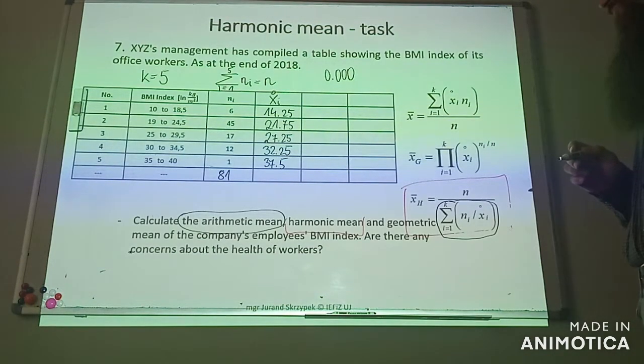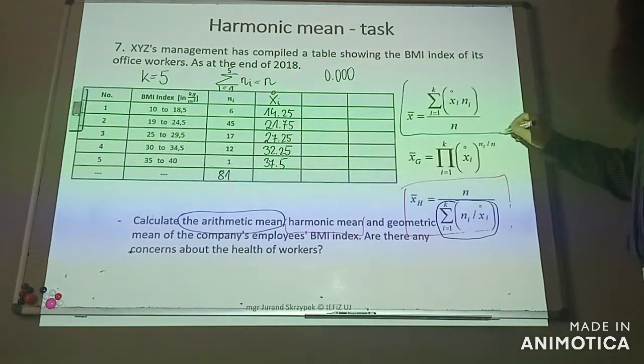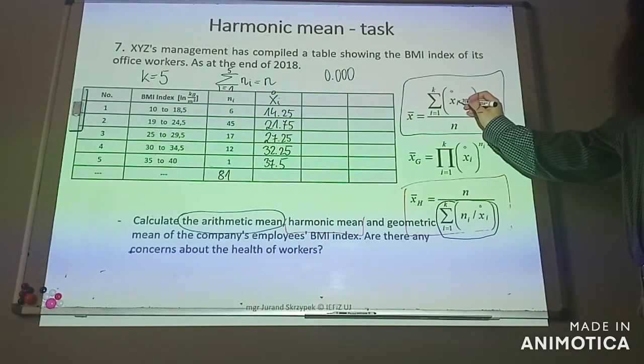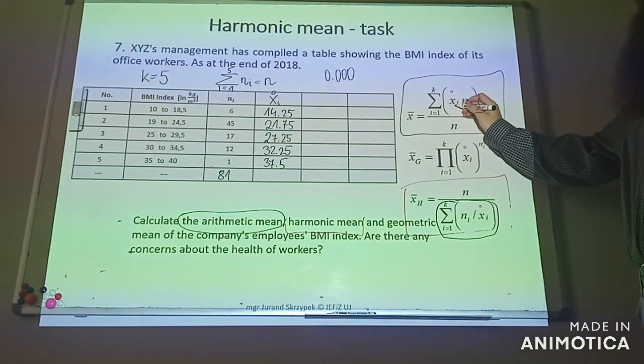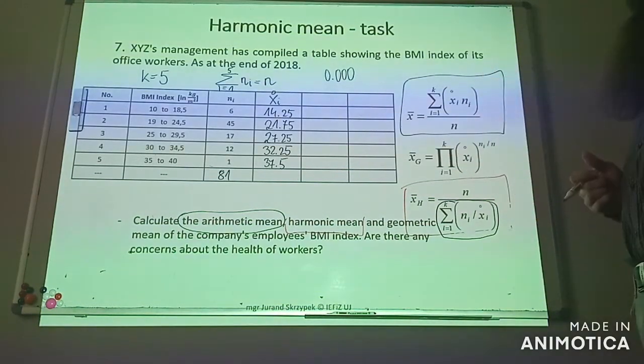In the arithmetic mean computation, we will use this kind of formula. We have computed the middle of the classes, so it's okay. It's necessary to compute the middle of the classes.